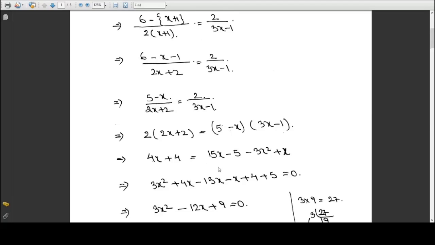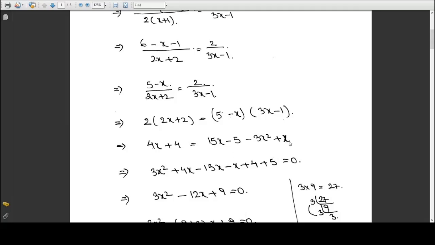is x. Next you bring all the terms from the right hand side to the left hand side. Looking for the highest power, we have 3x square on the right, which you bring to the left as plus 3x square. Then we have 4x, then this will become minus 15x, and this will become minus x.